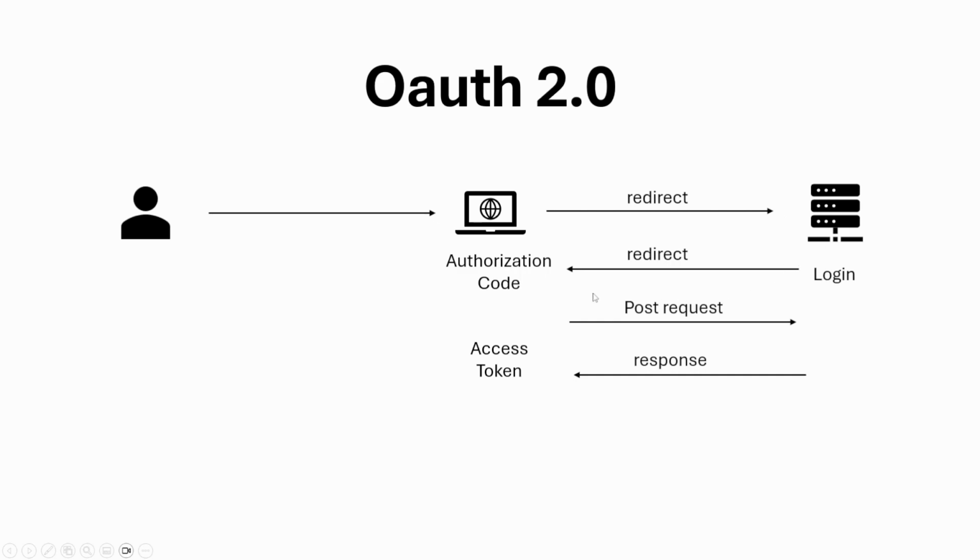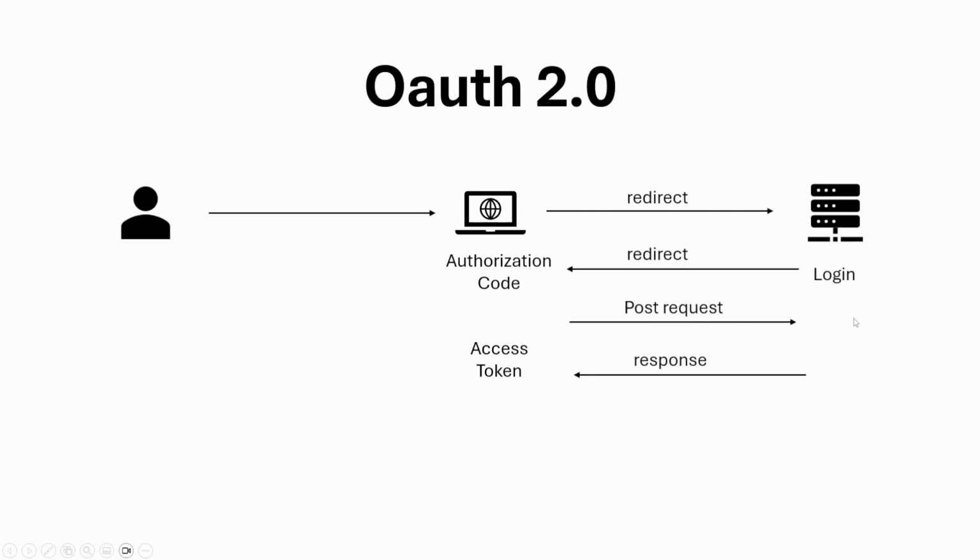So we first need the authorization code. It's a temporary code that makes sure we got this authentication permission from our user. And now we're going to pass this authorization code and our client secret with this POST request to our server again, because POST is much more secret than a GET request.